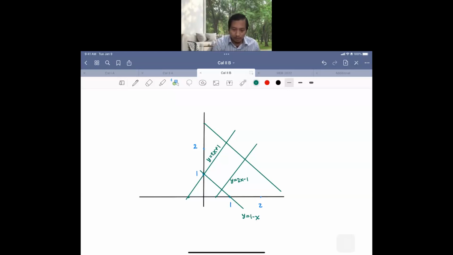That's probably the y equals 3 minus x. So this will be R, based on the equations.